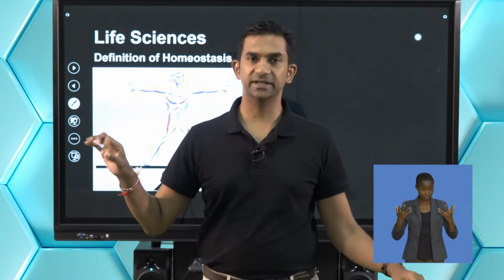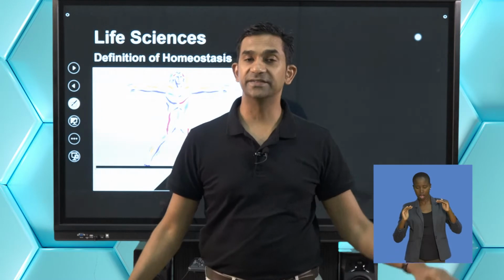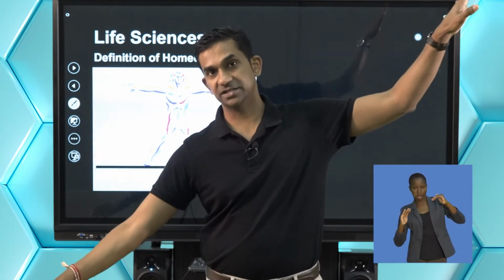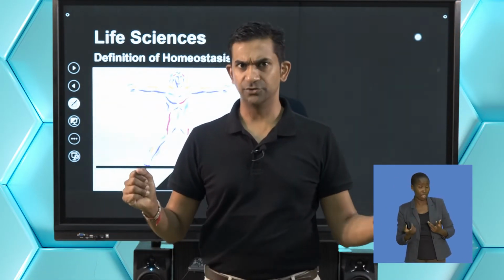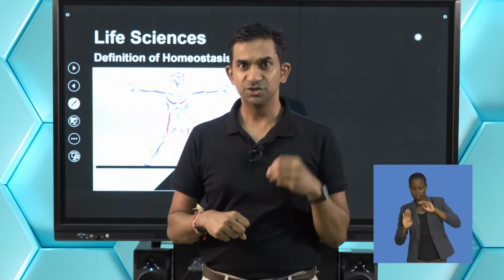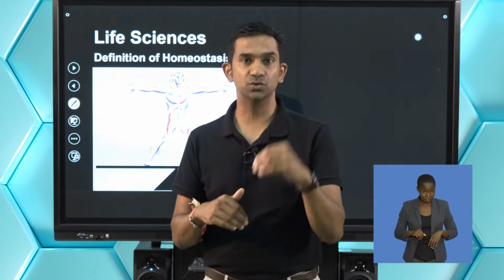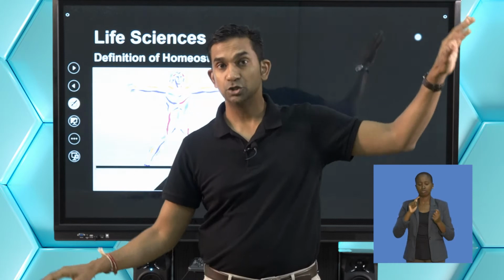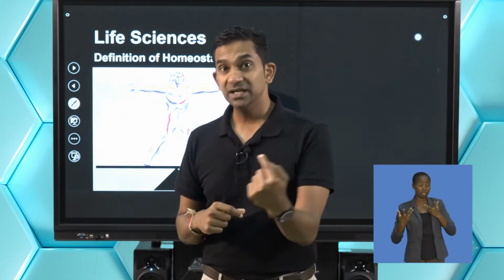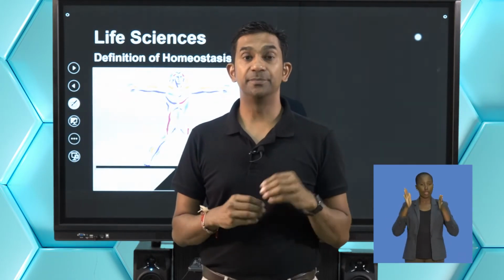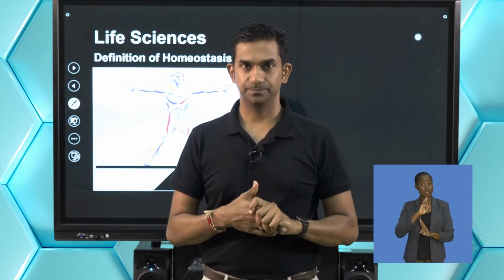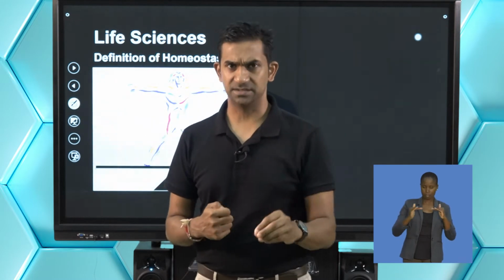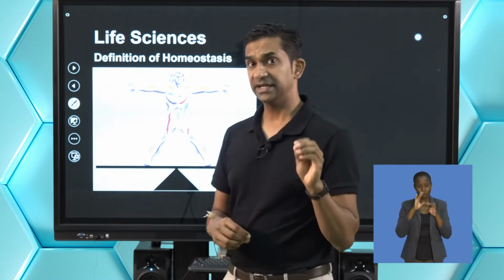If not, you'll find that if it's an unequal balance, the seesaw tips in a specific direction, and you realize that, oh no, you're going to need to do something on the other end to bring it back to balance. So essentially, the body has to constantly do that. There's always a change from one to the other. And so the body compensates for that by bringing about a response so that that balance can be maintained. So we need to look at why this balance is important, and I'll answer that question in a little bit.